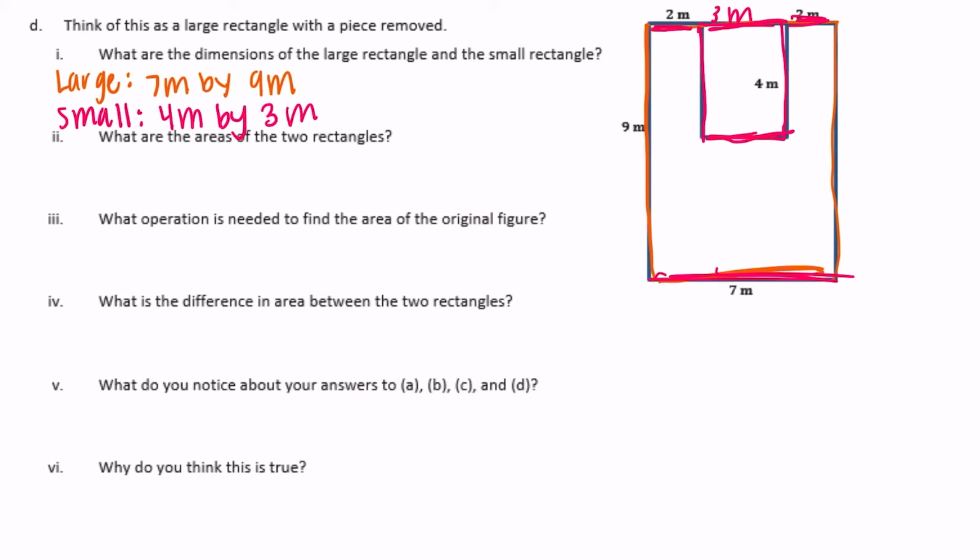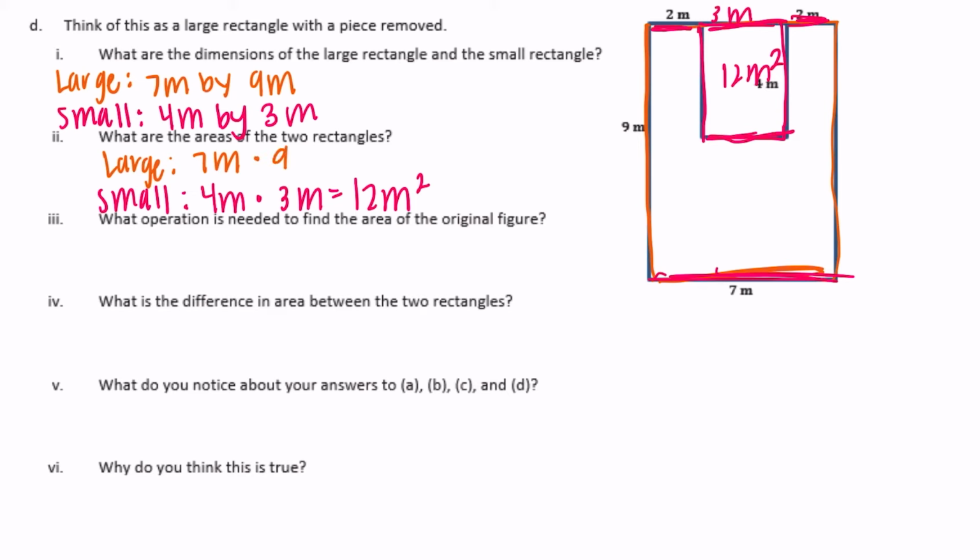What is the area of the two rectangles? So small, 4 meters times 3 meters equals 12 meters squared. And then the large one, 7 meters times 9 meters is equal to 63 meters squared. But remember, that includes the whole thing. What operation is needed to find the area of the original figure?